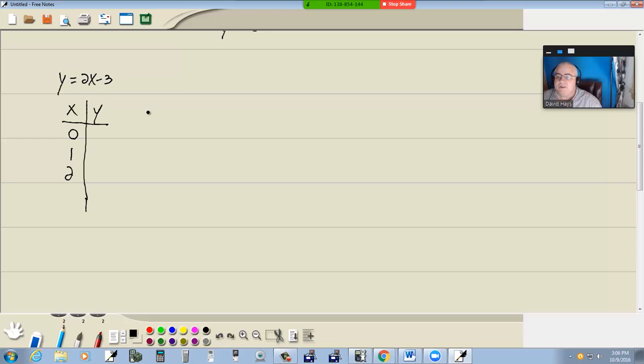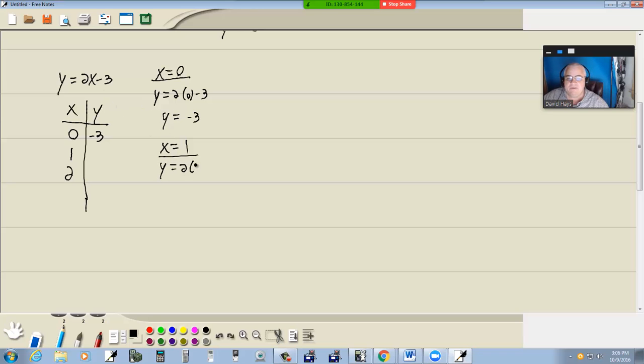Now we're going to take each one of those, start off with x equals 0, and plug them into here and solve for y. So we've got y is equal to 2 times 0 minus 3. 2 times 0 is 0, minus 3 is -3. Now our next one, x is equal to 1. I'll plug 1 in for the x.